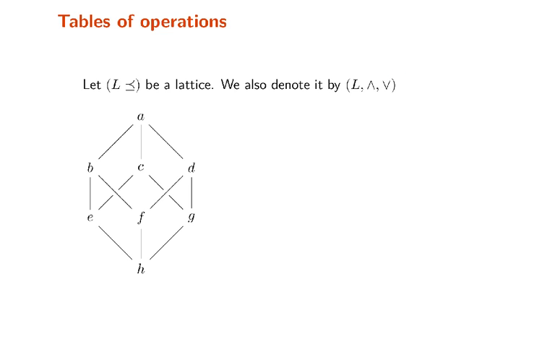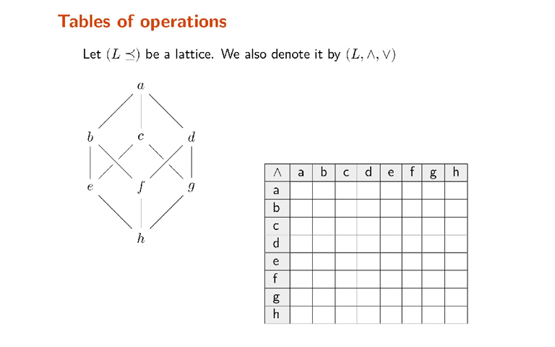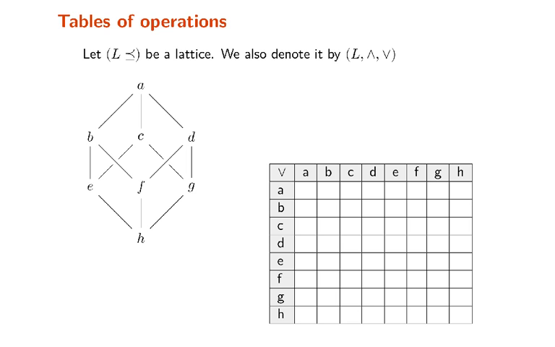So we will now construct a table of operations for each of these operators, for the meet and for the join. Like a table of multiplication, we can have a table of meet and a table of join.